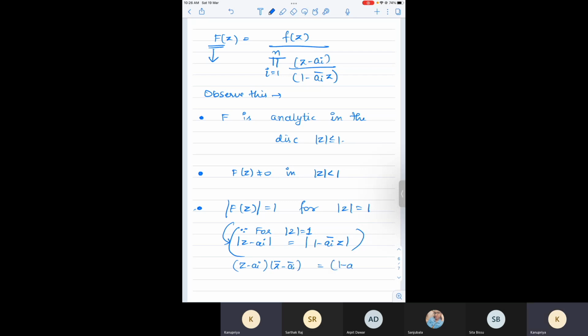You can verify this. From there, you can observe that mod of capital F(z) will be equal to 1 for mod z equal to 1. Is it fine?